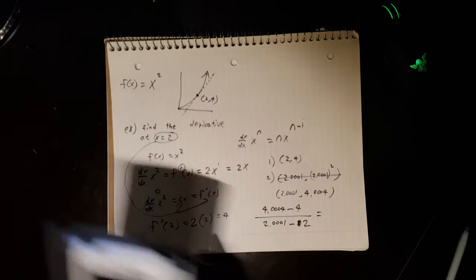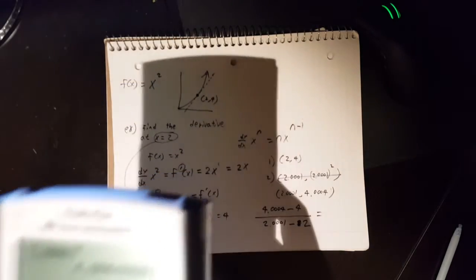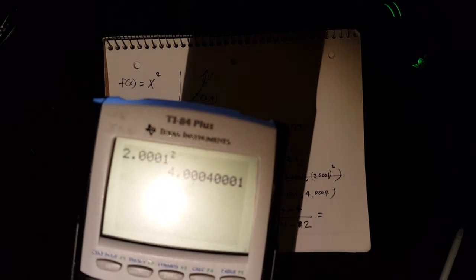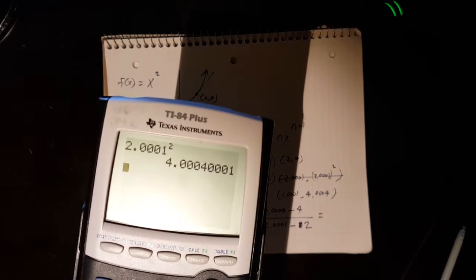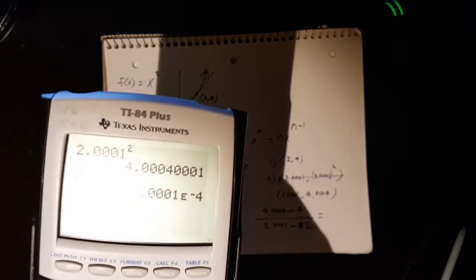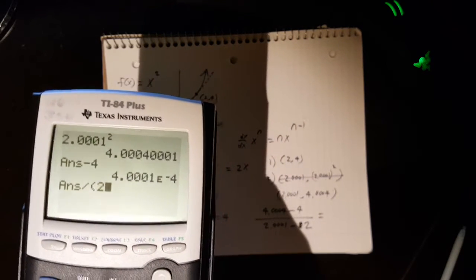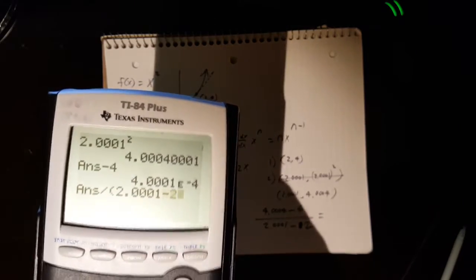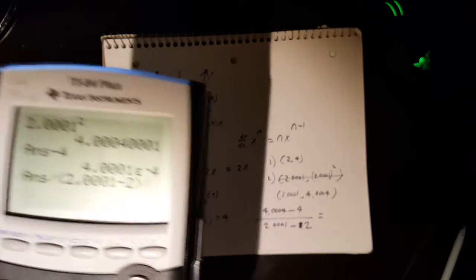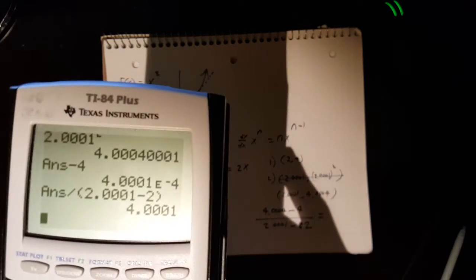Let me quickly do that on the calculator and use the exact number. Okay, there we go. So this minus 4 over the delta x, which is 2.0001 minus 2. It should be a number very, very close to 4. Yep, 4.0001.